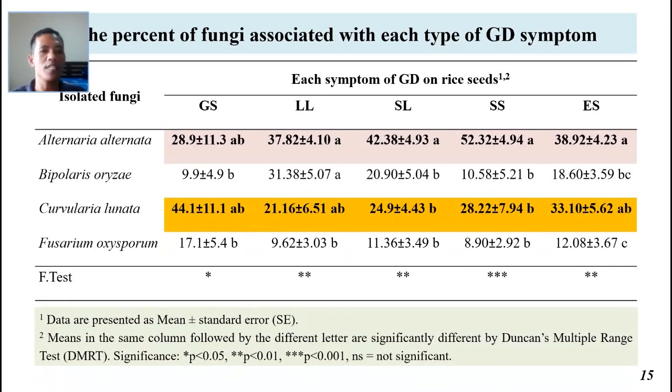This is the percentage of the fungi associated with each type of grain discoloration symptom. According to the table, you can see clearly that Alternaria alternata and Curvularia lunata play the most important role in every type of green discoloration symptom and even in the discolored seed.